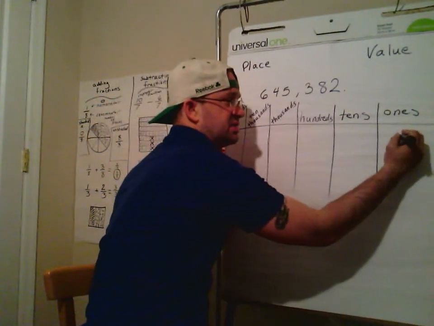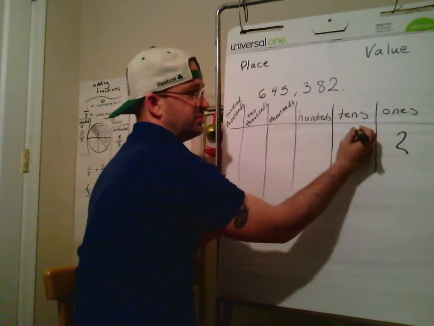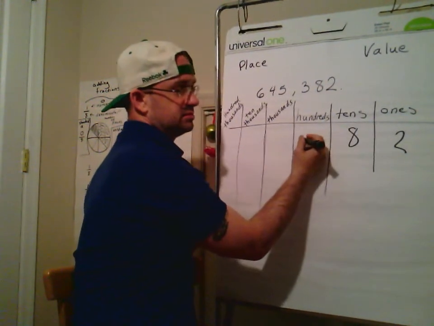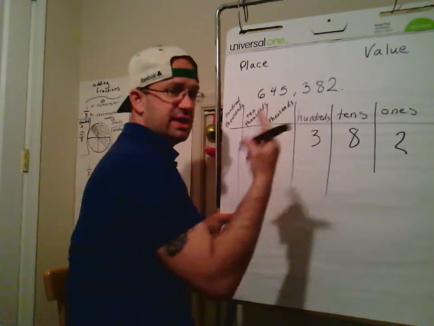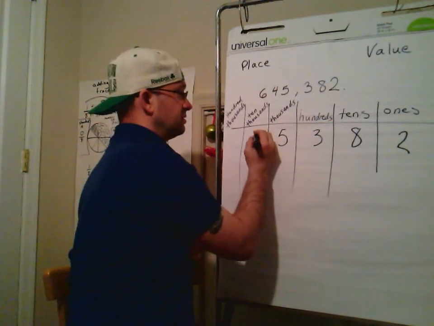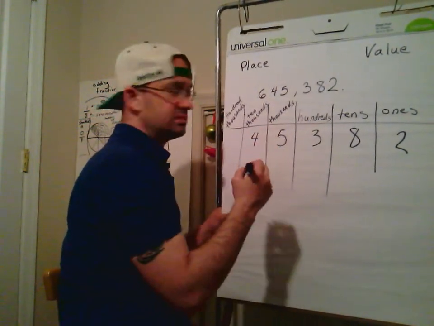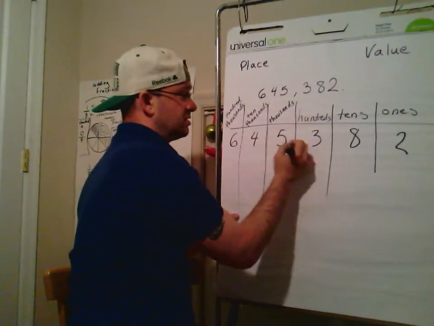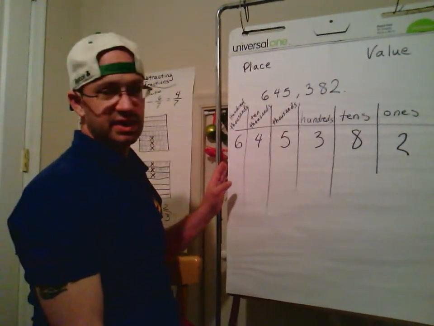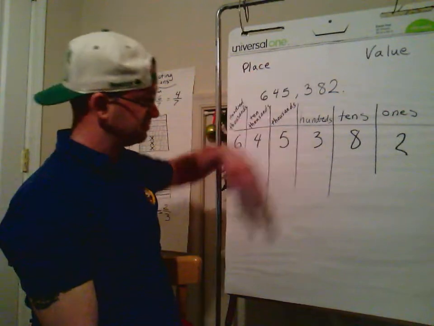So I can put each digit where it goes, the digit that is in that place. Where would my comma go in this number? Between the thousands and the hundreds, correct.